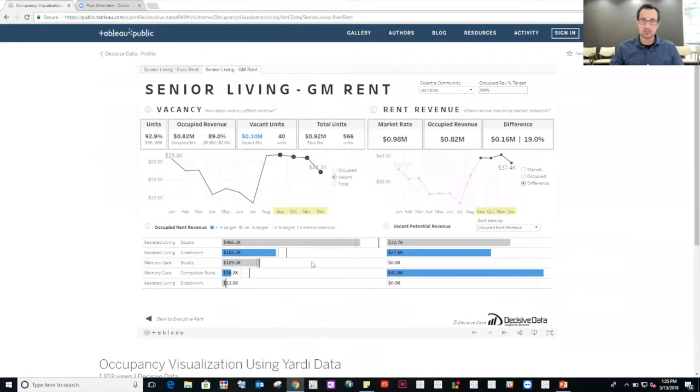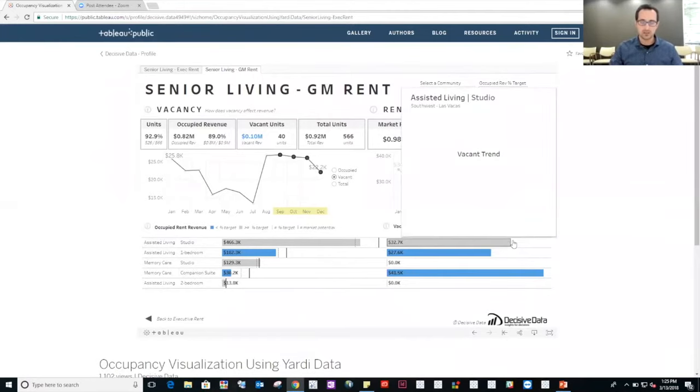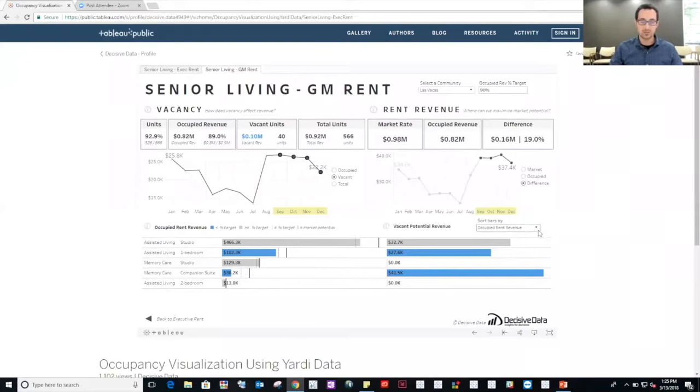One of the really interesting things that Patty can do here is not only be told that there is about $100,000 worth of revenue associated with, in this case, vacant units, but below in this bar chart again, she's getting a breakdown of how those dollars are distributed in this community and what is the actual vacant potential revenue associated with those unit types and care levels.